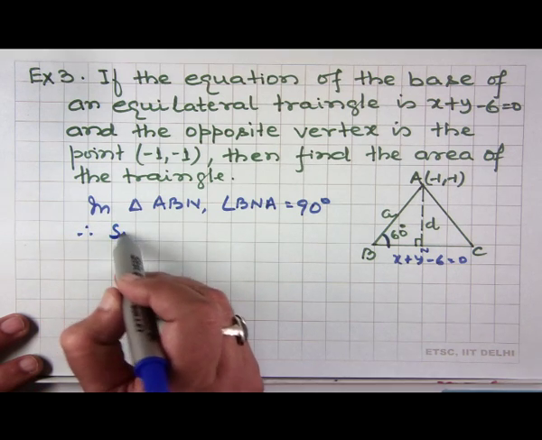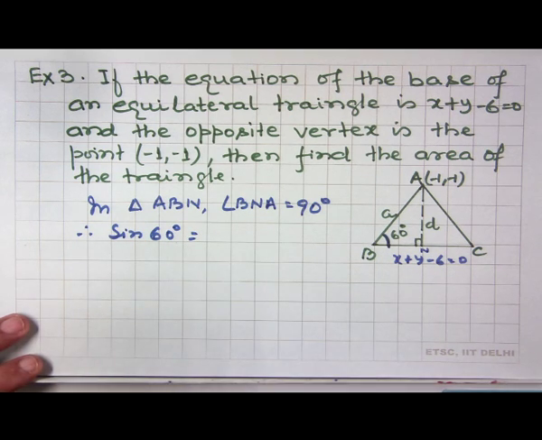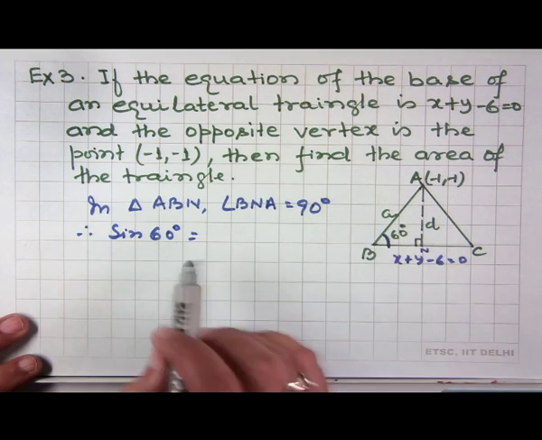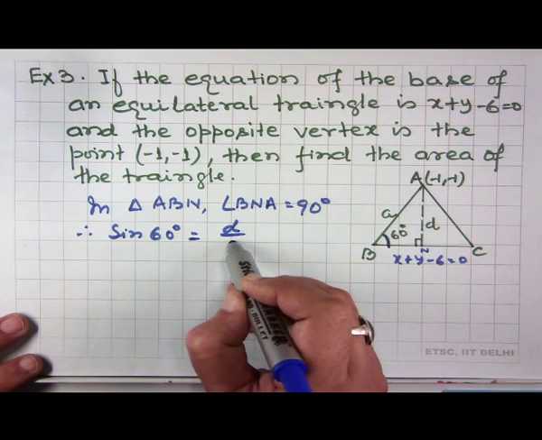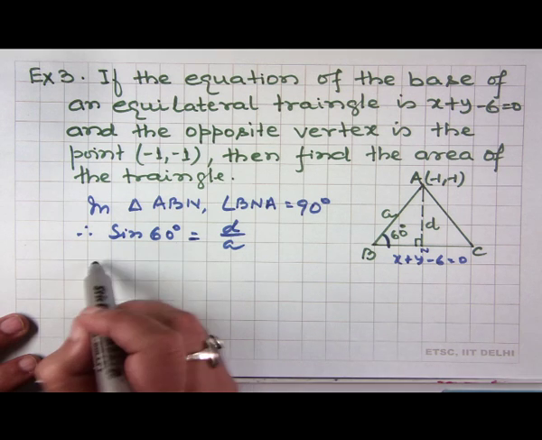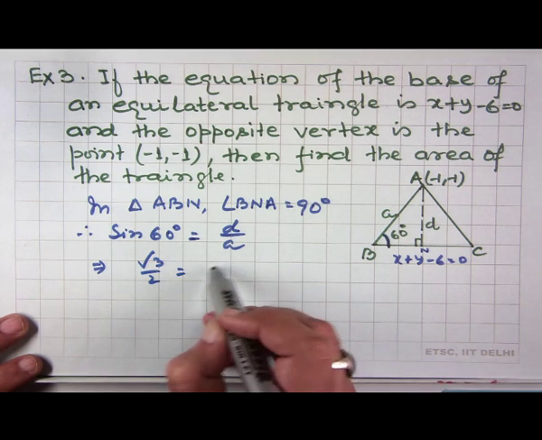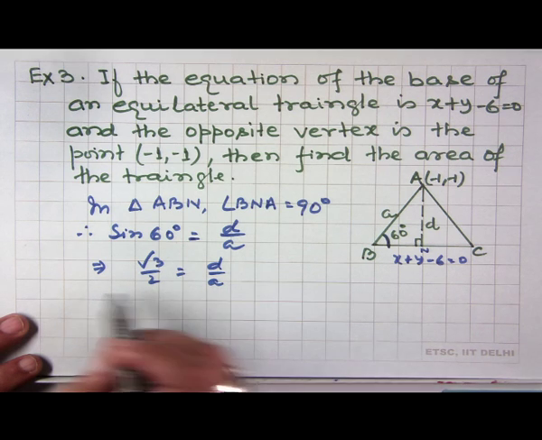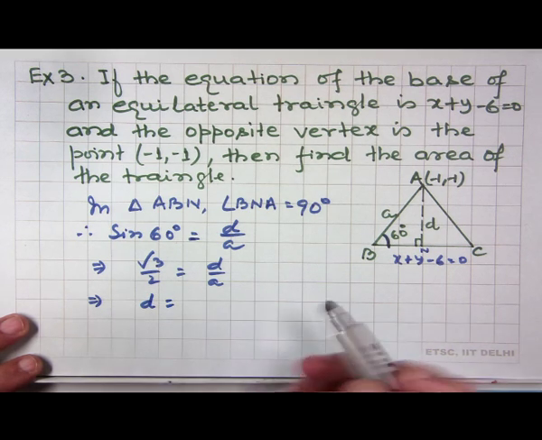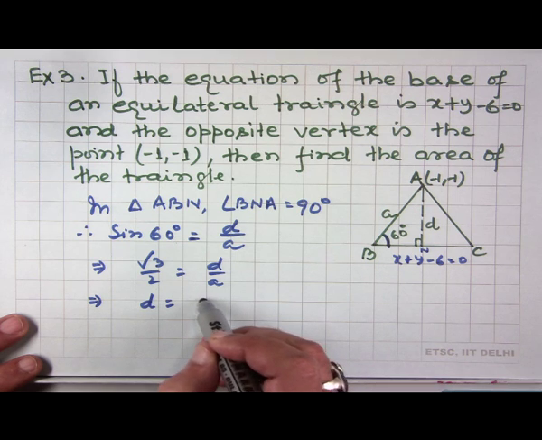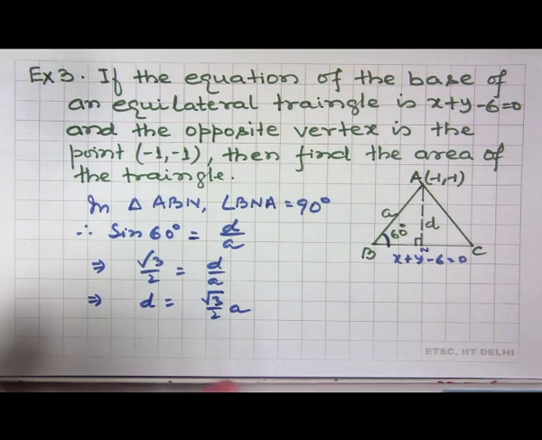So sin 60 degrees is equal to P by H, means sin 60 degrees equals D by A, and sin 60 degrees equals root 3 by 2, equal to D by A. This implies D is equal to root 3 by 2 A. So this is the relation between A and D.